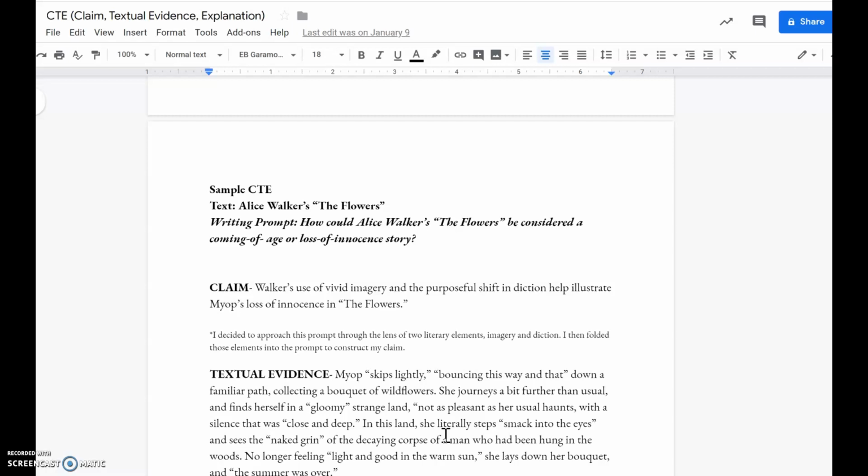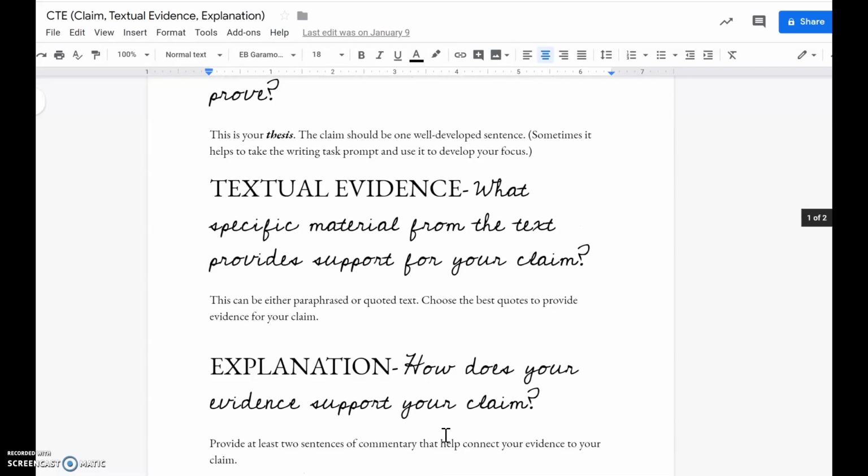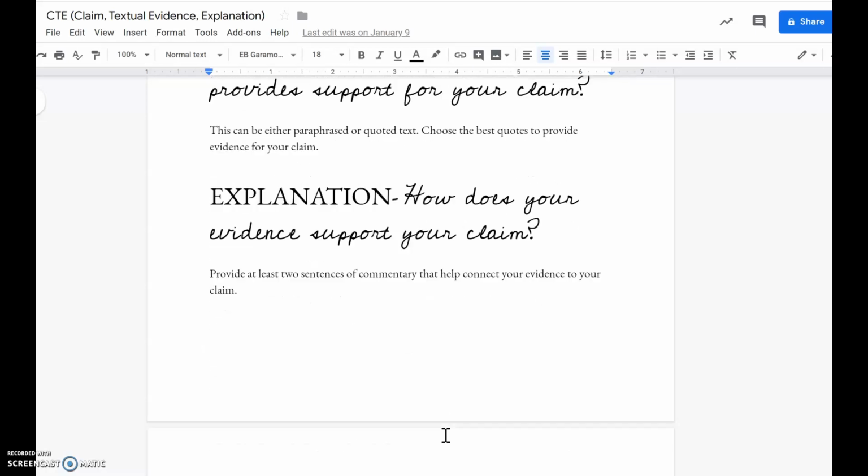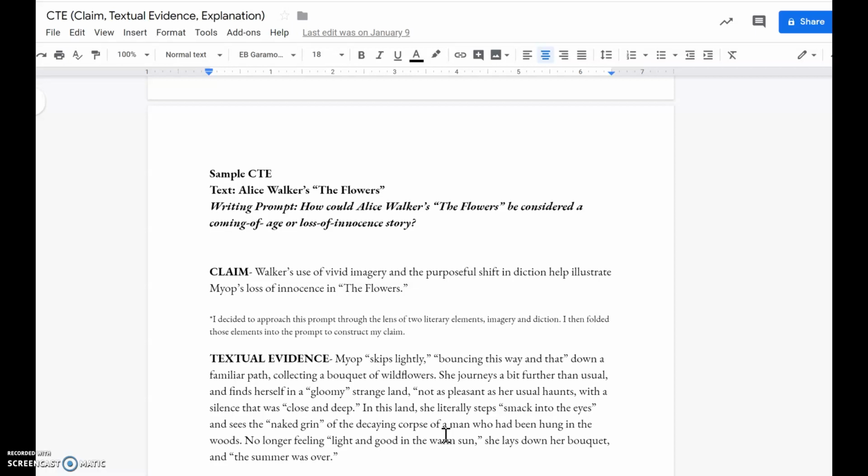And so I've got to make my claim. Remember, that is what I intend to prove. So I'm going to take that prompt and turn it around and include it in my thesis statement. And for this particular prompt, I'm going to look at 2 literary elements.